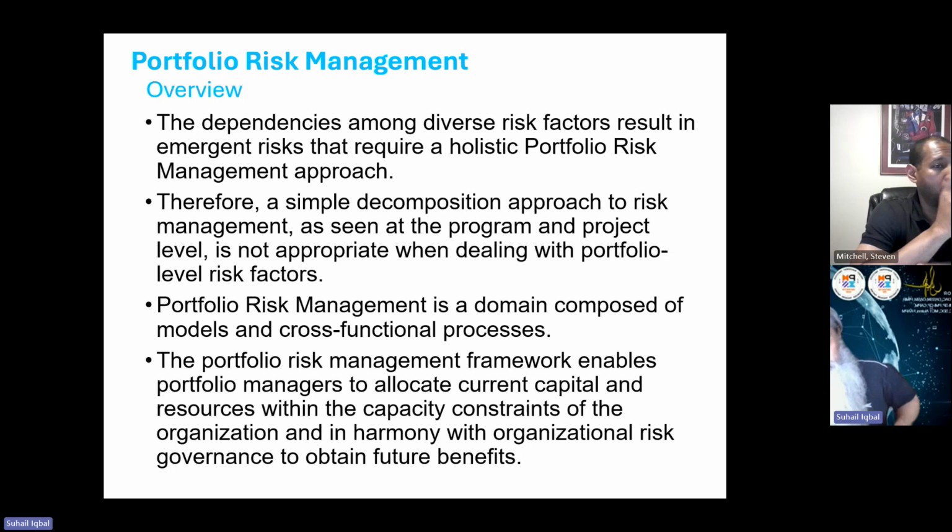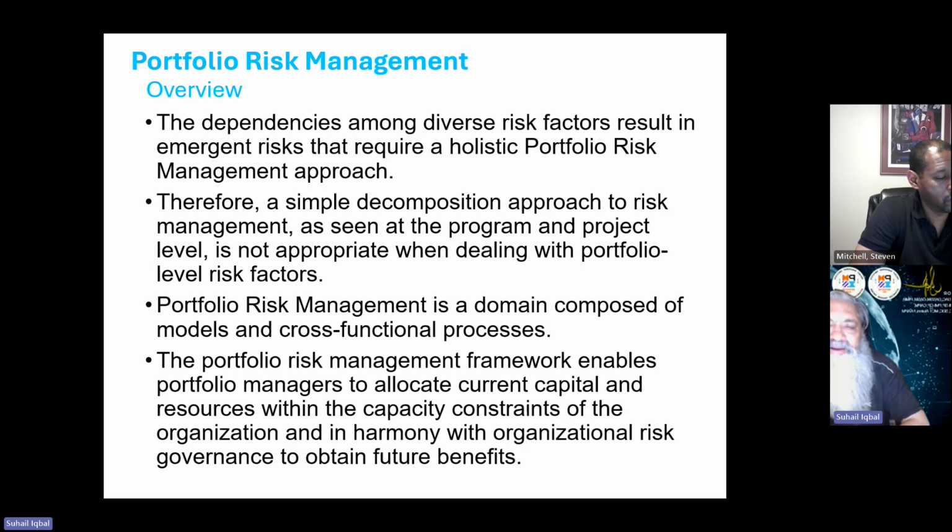So, looking at the portfolio, this is the big responsibility the portfolio is carrying. And these emergent risks, although you may think that this is okay, this is one of the problems the portfolio risk manager is facing.